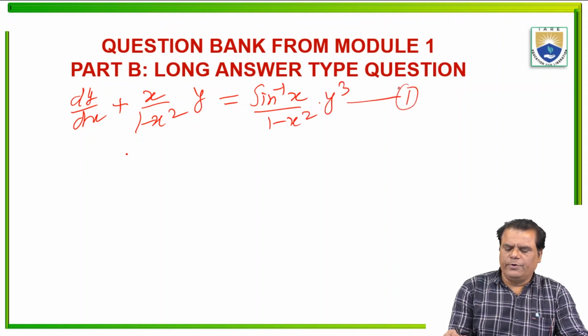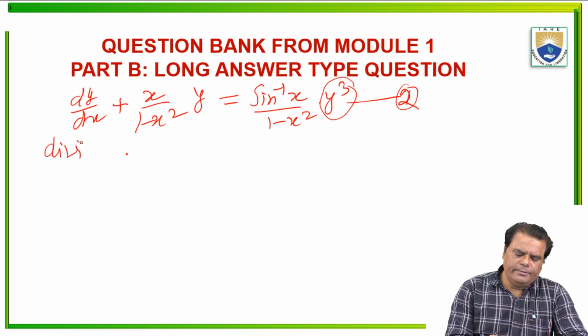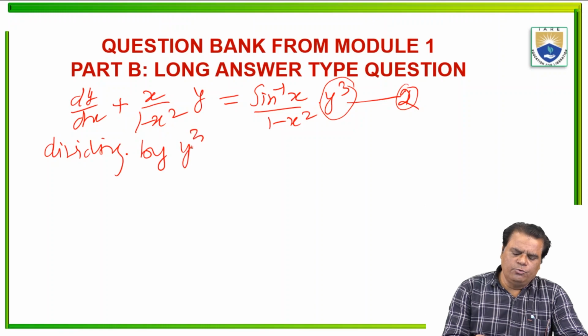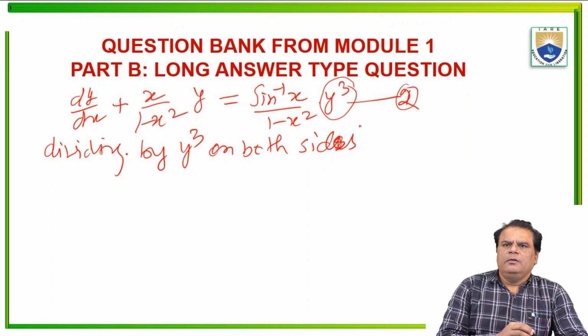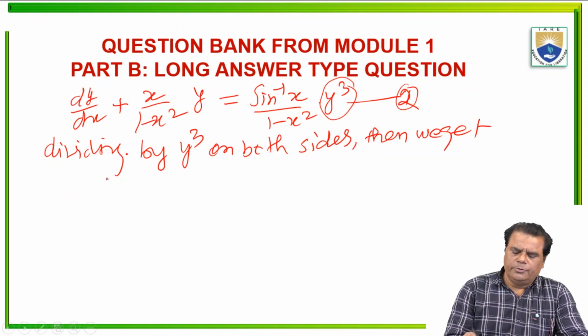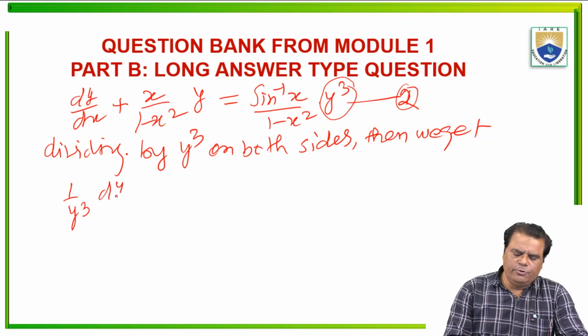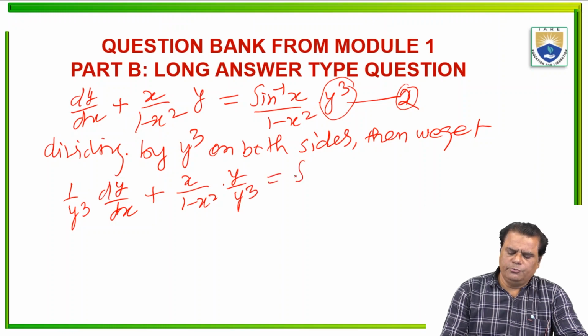So in equation 2, first of all, dividing by y cube on both sides, then we get 1 upon y cube dy over dx plus x upon 1 minus x square, here y upon y cube, equal to sine inverse x upon 1 minus x square.